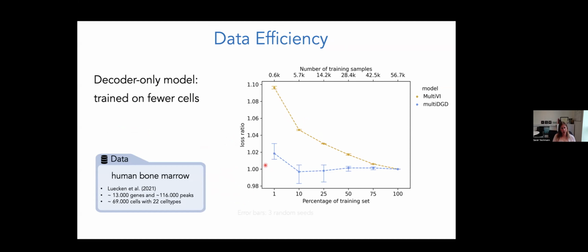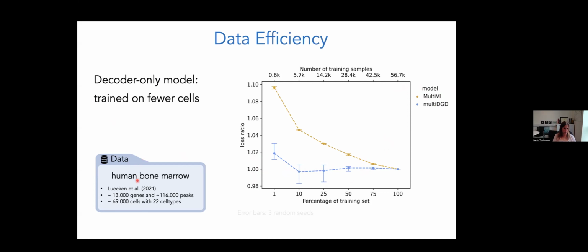The performance of this deep generative decoder framework is that it can be trained on fewer cells with the same quality of integration. Here's a benchmark against another model that does a similar thing, multi-BI from Mir Youssef's group.